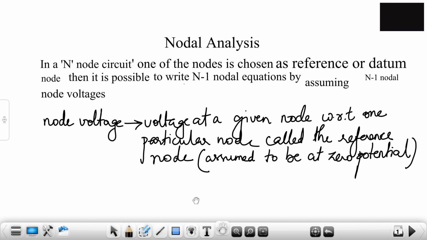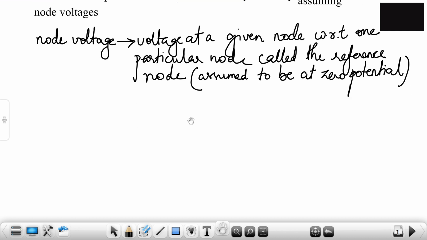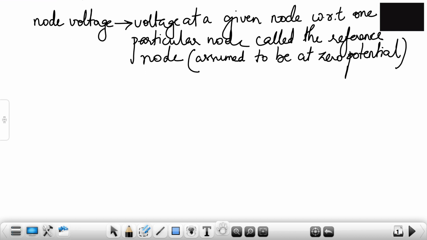Let's see with an example. Consider this circuit. There is a current source I1.